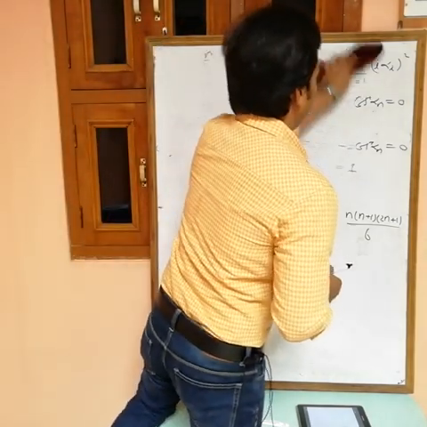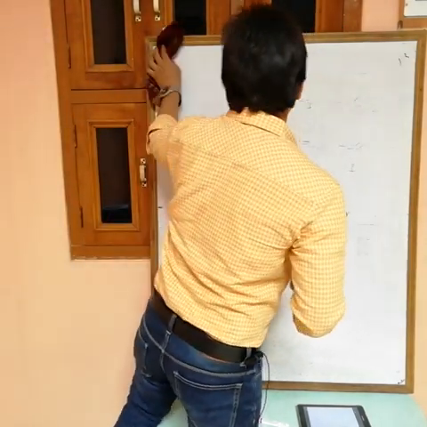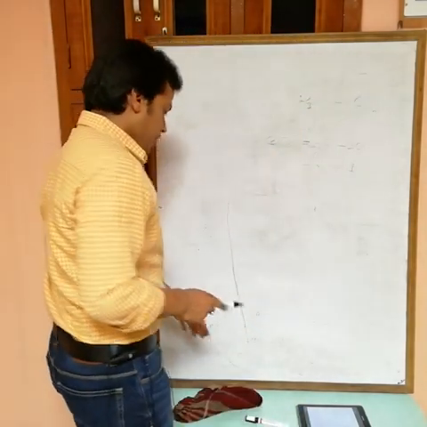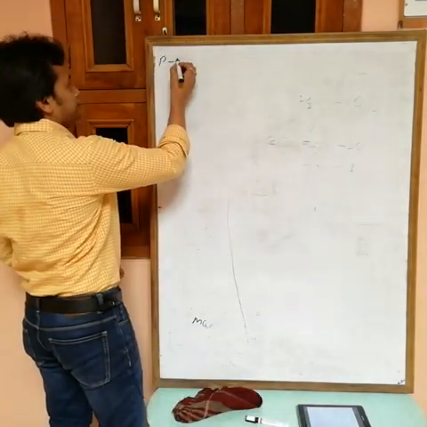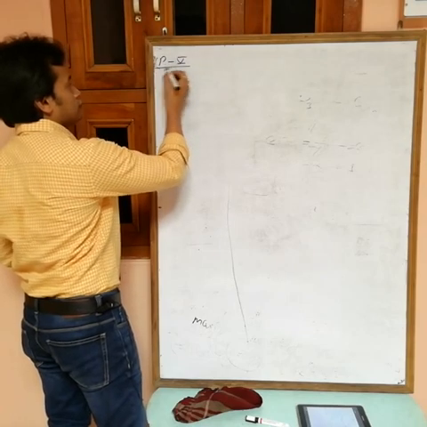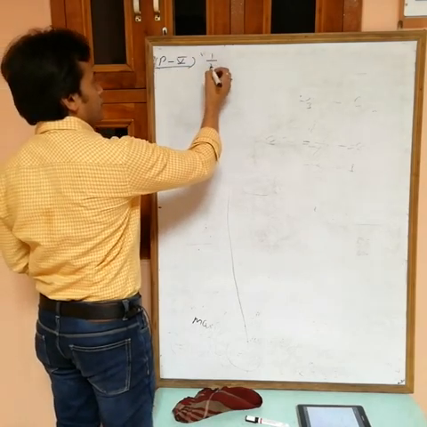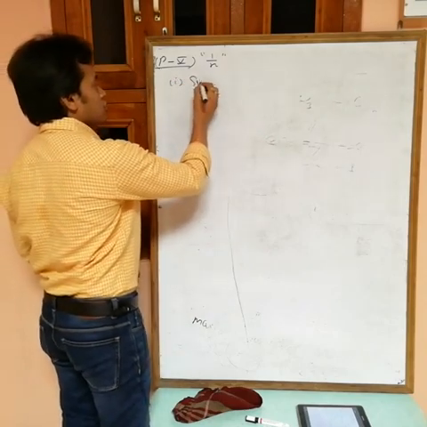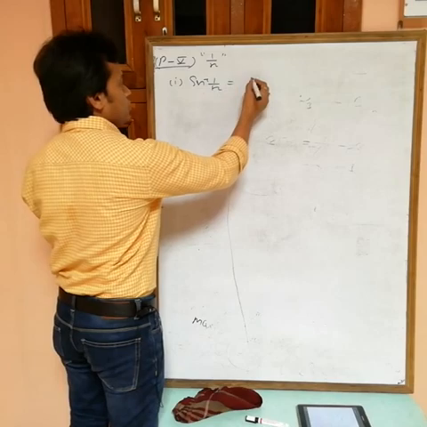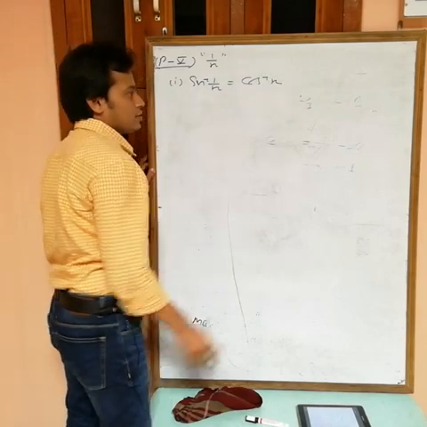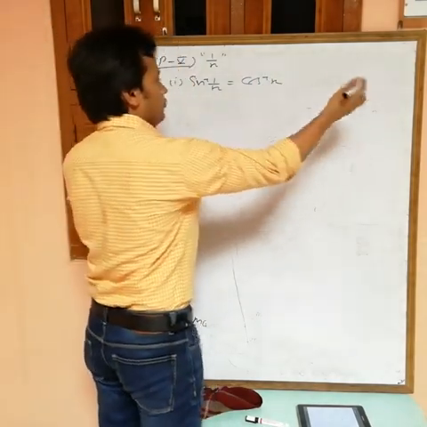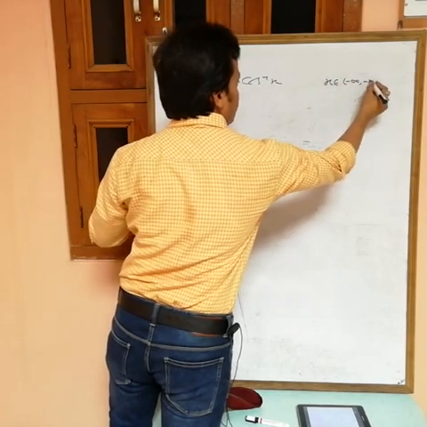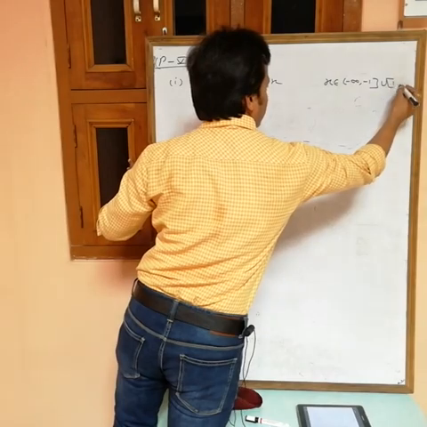Now again we have to take the theory. Property number 5, this is for 1 by x. Sine inverse 1 by x is equal to cosec inverse x, for all x belonging to minus infinity to minus 1 union 1 to infinity.